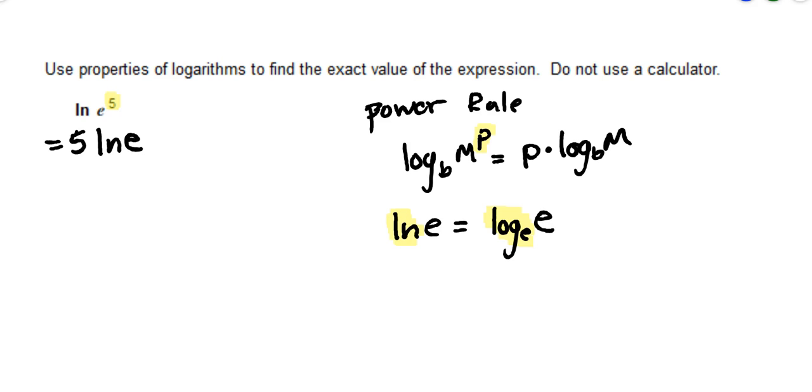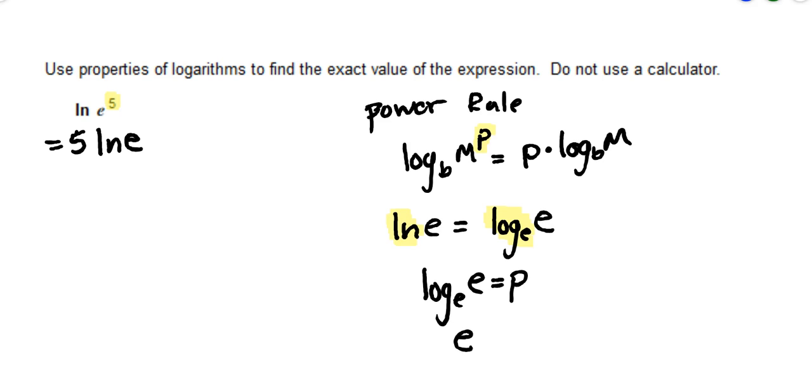So let's try to figure out what that equals. If I want to figure out what log base e of e is, I can say that this is equal to some p for power. I can rewrite this as an exponential.